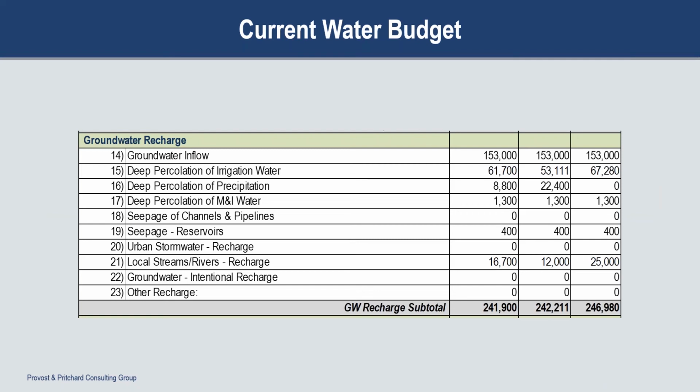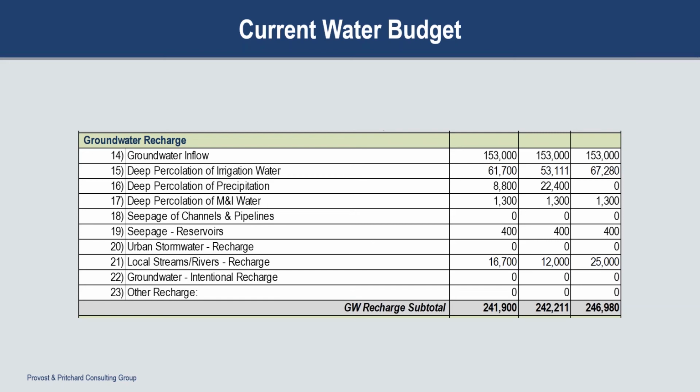Next step we looked at was the groundwater recharge. So we have the groundwater inflow, how much groundwater is entering the McMullen area GSA from outside the boundaries of 153,000 acre feet. And then there's some deep percolation of irrigation water. So that's how much water reaches the groundwater aquifer.